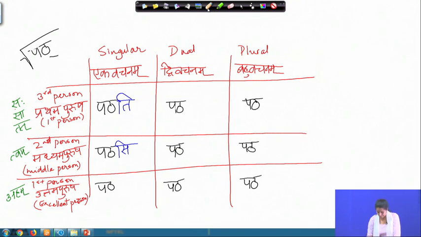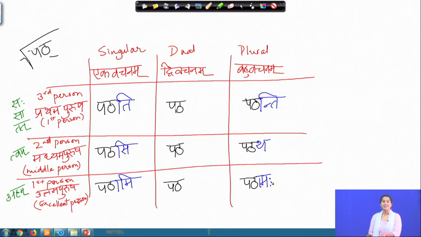Pathasi, aham pathami. Okay, and then here you have in the plural. So we've looked at the plural today. So what did pathati become? You add the numbers and it becomes pathanti. And here you add the number, the plural, it becomes pathatha. And then we have the plural of the first person, which was pathamaha.